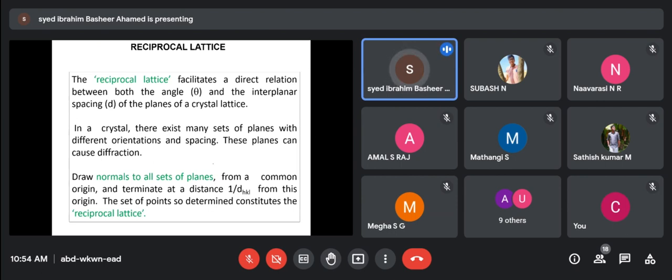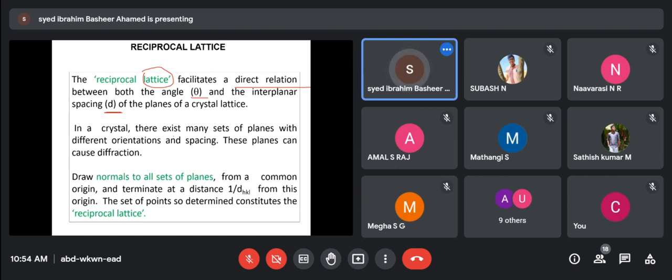So the reciprocal lattice facilitates a direct relation. If you think of a reciprocal lattice instead of the direct lattice, you will have the direct relation between theta and D. Yes or no?